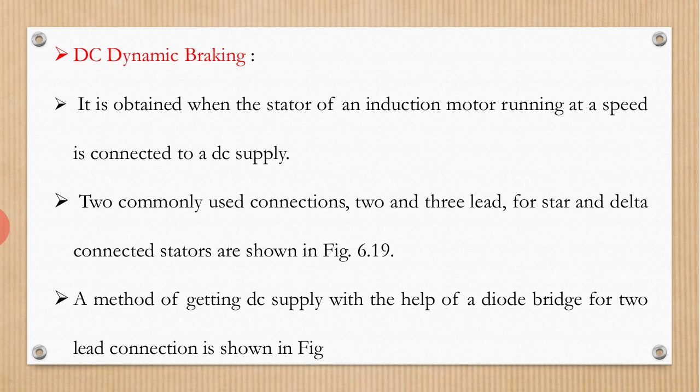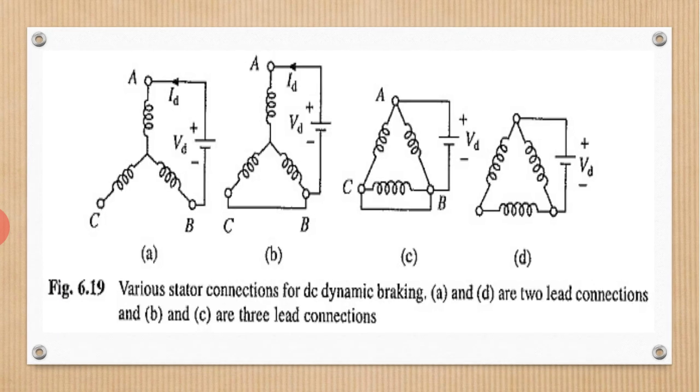As I mentioned, the AC supply is disconnected and the DC supply is connected to the stator, so a DC supply is required. Hence a method of getting DC supply with the help of a diode bridge for the 2-lead connection is shown in the figure. Before that, these are the various stator connections for DC dynamic braking.